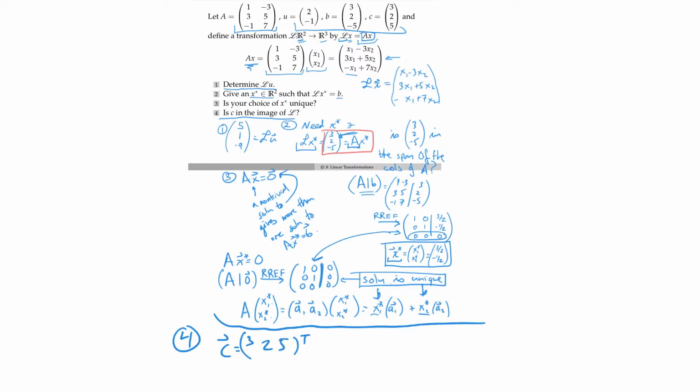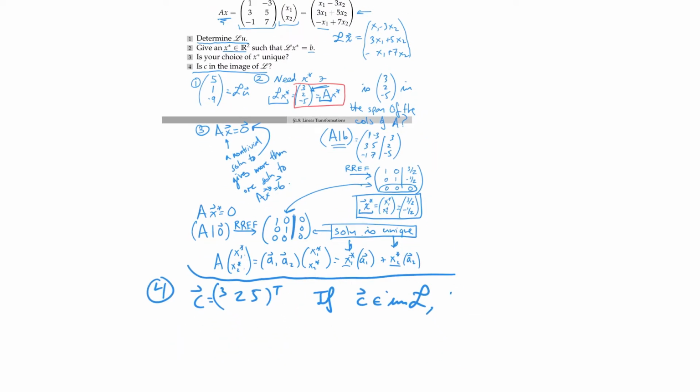All right, see if this is in the image of L. So if C is in the image of L, well, then there exists some x such that Lx equals C, right? Because that means if it's in the image, I could use some element from the domain and map and get to it. All right, notice this is nothing more than the previous question asked again with just a different vector in place right here.